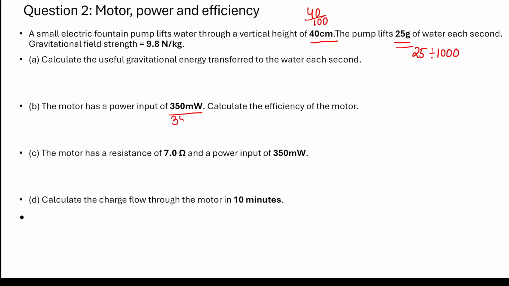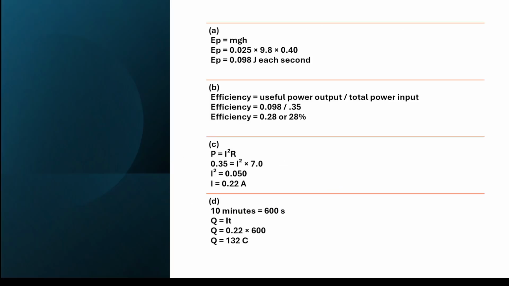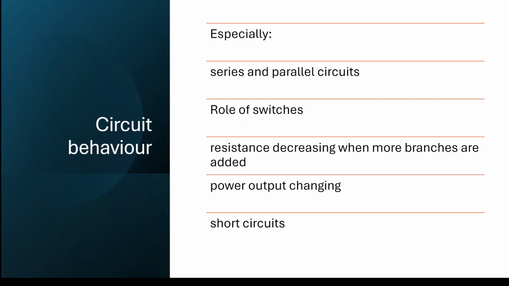Everywhere you have a milli, always convert it into the original units, milliwatts converts to watts. Again, a milli here. Minutes should always be in seconds, times by 60. Okay, now, so this is your answer. Pause and check your answers, but first do the question yourself. Again, then pause and check your answers.